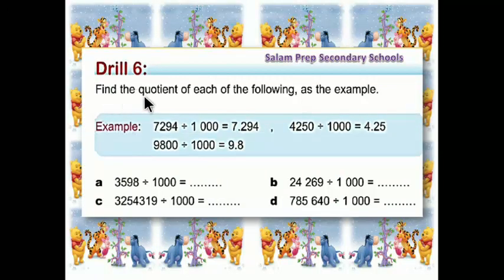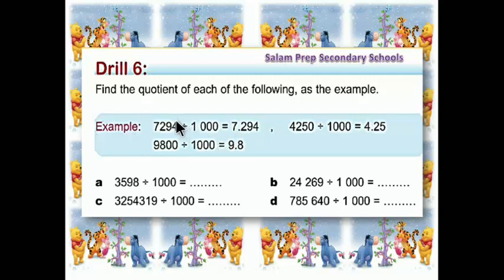Drill 6. Find the quotient of each of the following as the example. 7,294 divided by 1,000 equal. We can write the answer, the quotient, in form of decimal number.